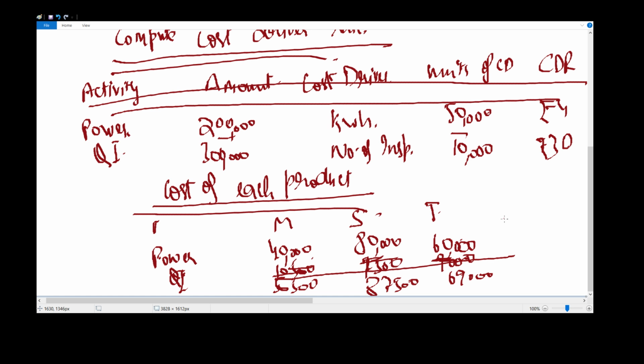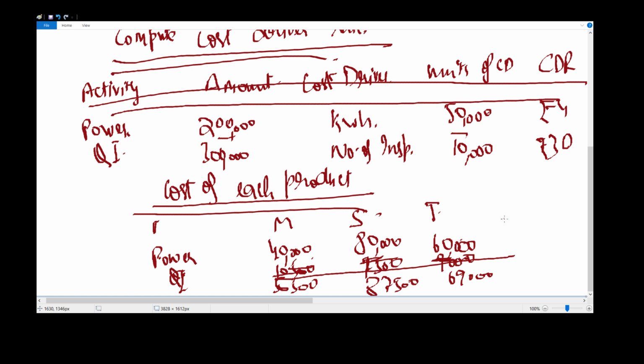Now, the second thing, activity based costing. As you know, there are various cost drivers for various activity areas. I hope you know that.